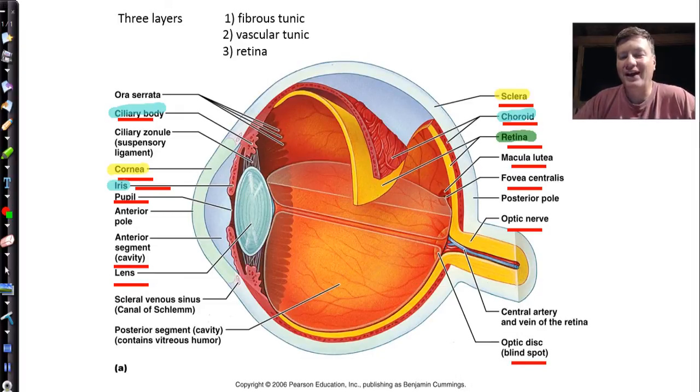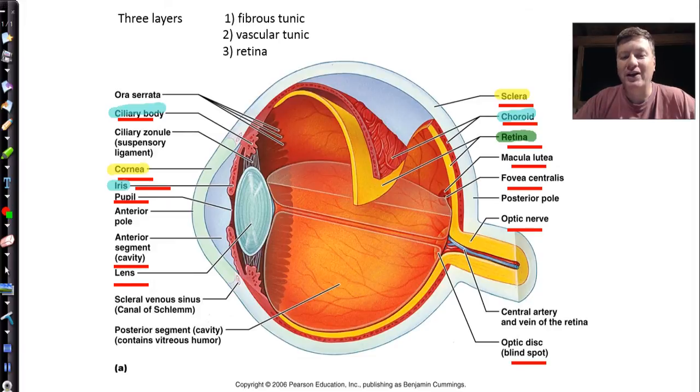Now, the eye itself does do vision, and that's what we associate with the eye, of course. But all the parts here have a purpose. And what you should be able to do for the parts that are underlined here is discuss what they are and why they're there, or what's the significance of those parts. Let's go through them. I'm going to go around pretty quickly here, so if you need to go back and look at these, you can.